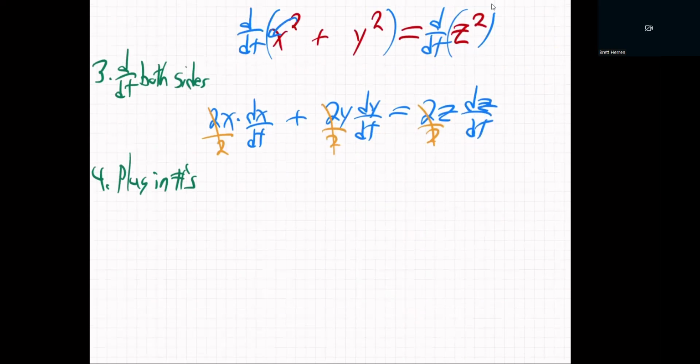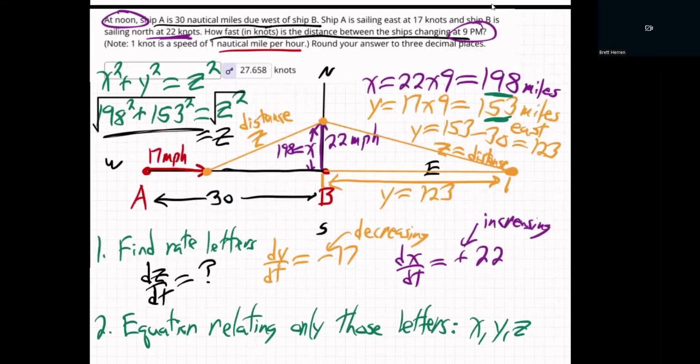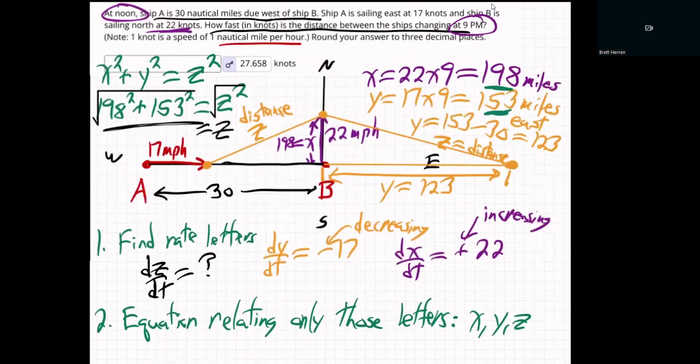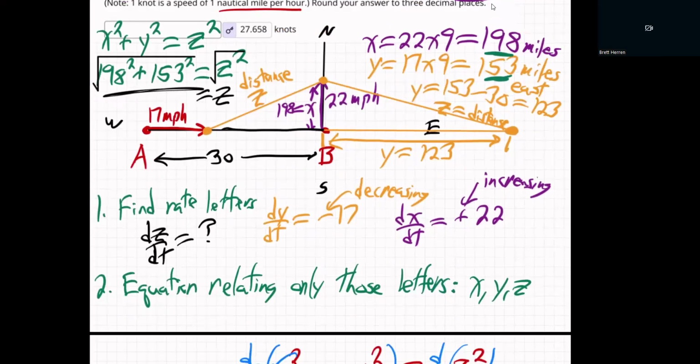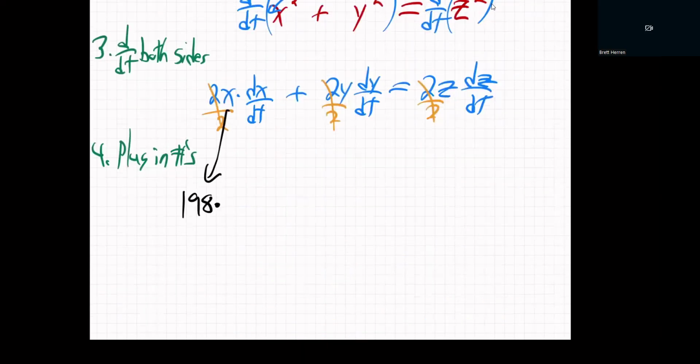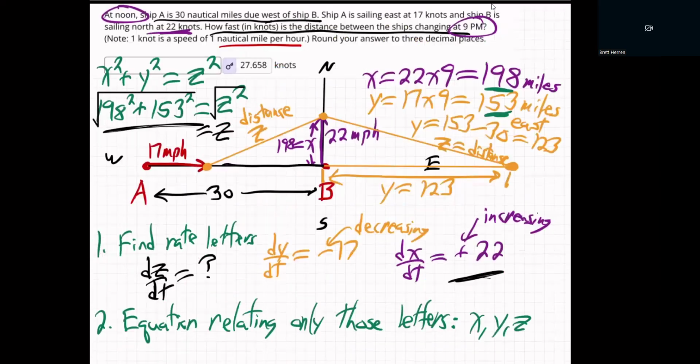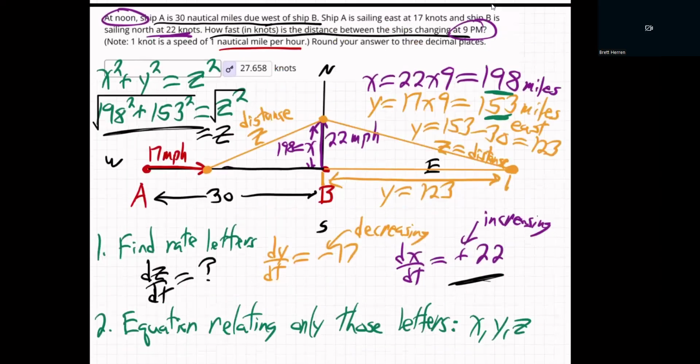Okay, it's coming on down. What's X? X is 198 times dx/dt. What's dx/dt? Over here. 22, positive 22, because that's growing. And then Y is 123.